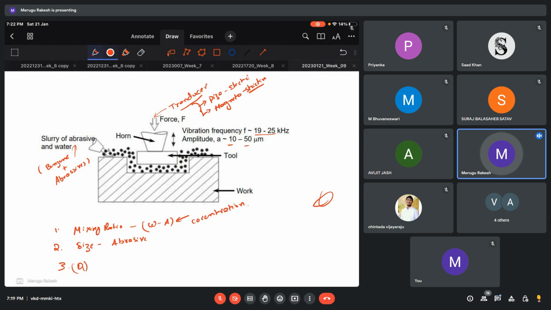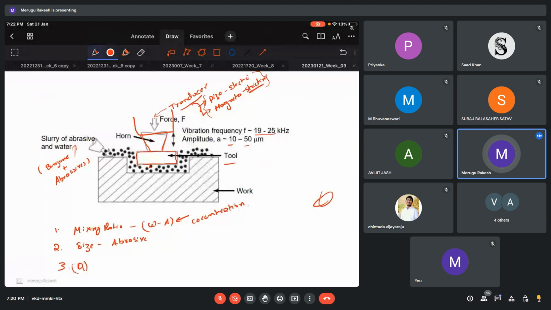I think the spelling is wrong, but magnetostrictive or piezoelectric. These are the two main transducers that we use for getting the ultrasonic frequency. This is connected directly to the horn or concentrator, and it concentrates all this frequency towards the tool.